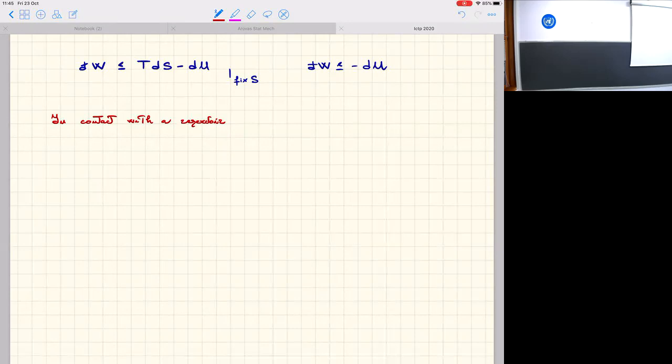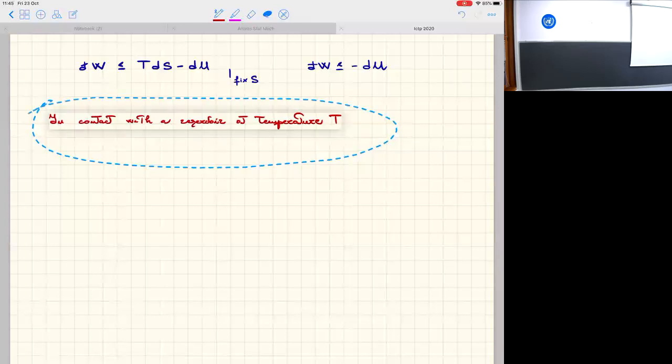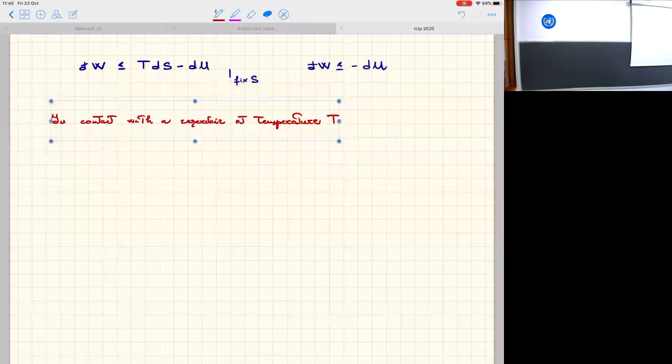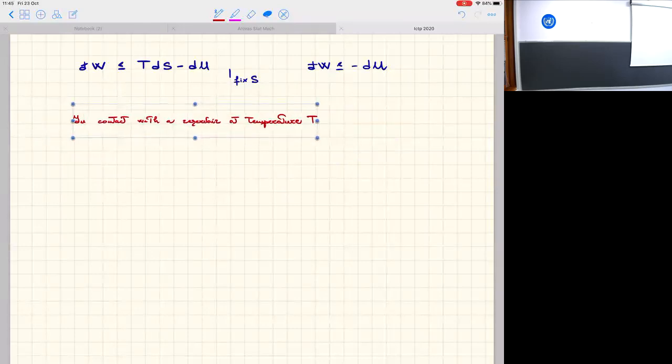In contact with the reservoir at temperature T. Okay, let me try to see if I can do this. No, I cannot change the orientation. Okay.